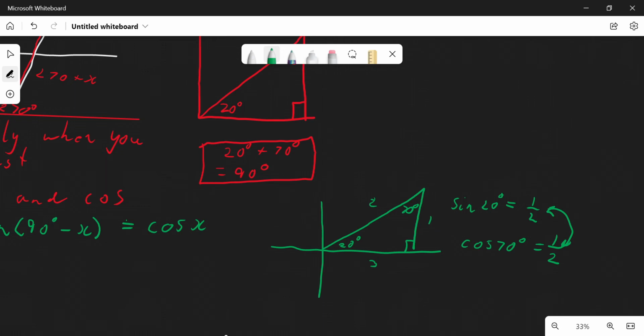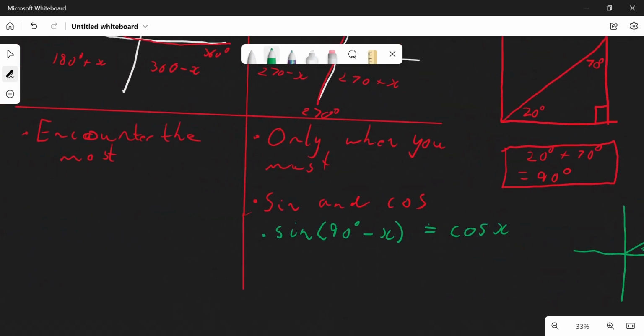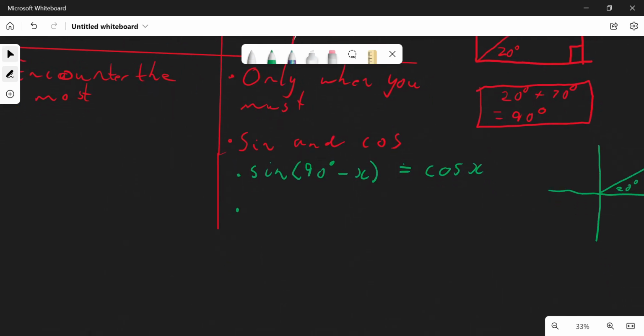So that's why we have these identities, and we teach them in this way because it's quicker in your work process to just memorize this. It's good to know where it comes from, but memorize that if I see sine 90 minus x, then it's cos x. If I see cos 90 minus x, that will equal sine x.